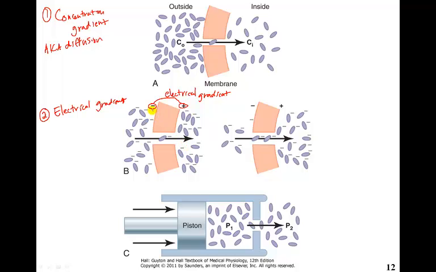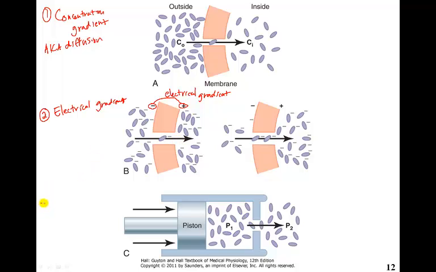Like charges repel one another, so these negatively charged molecules are going to be driven to move this way by this electrical potential. So an electrical gradient can drive transport passively. Again, the cell doesn't have to do anything to cause this transport. It's just the electrical repulsion that drives it.